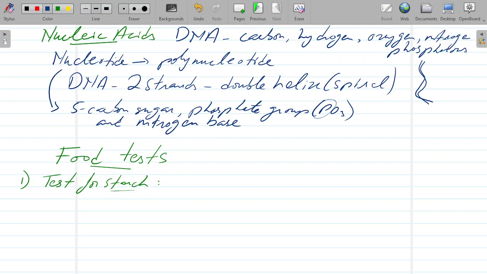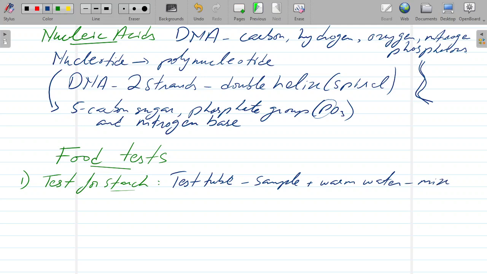How are you going to check that? You take that sample and you mix it with warm water in a test tube. So you have sample plus warm water, obviously not using large quantities, and you mix it.